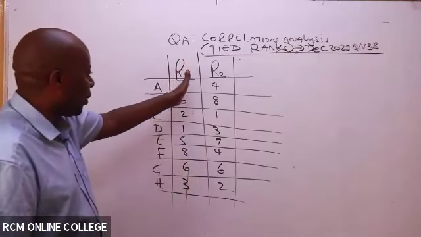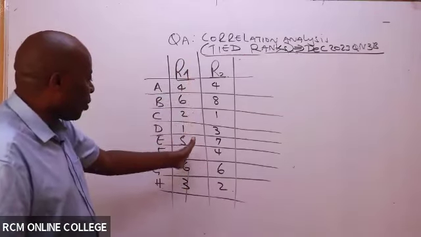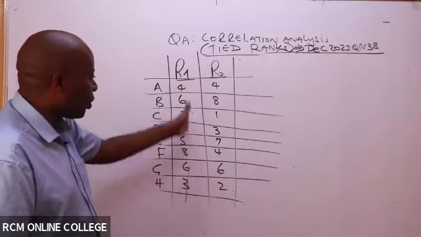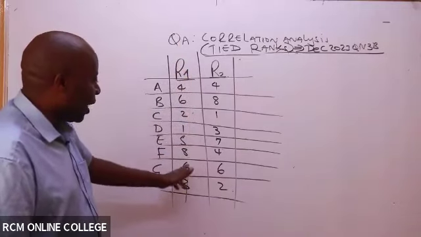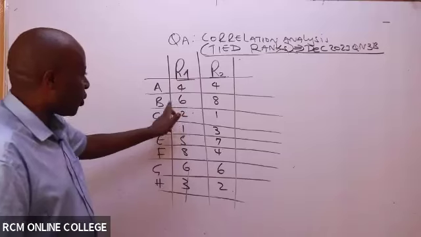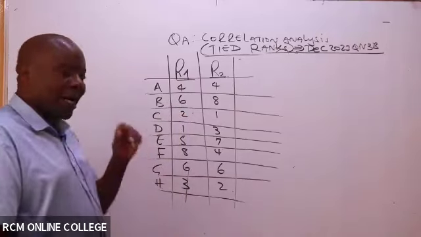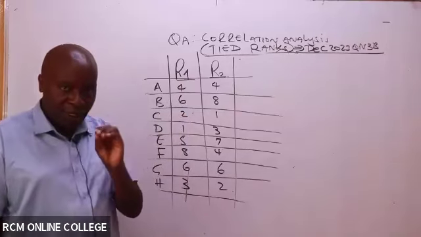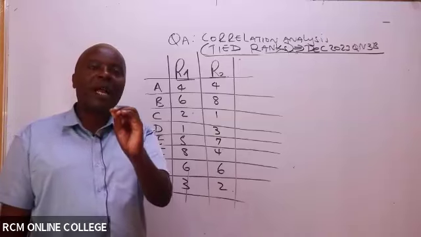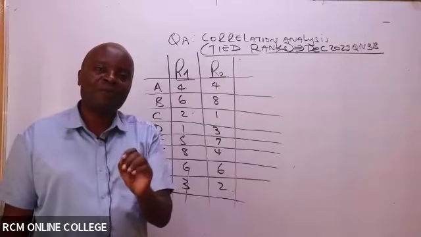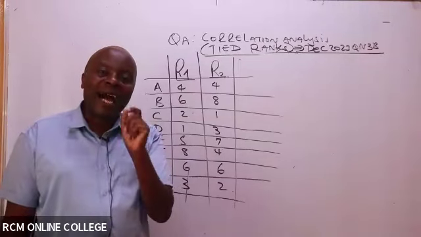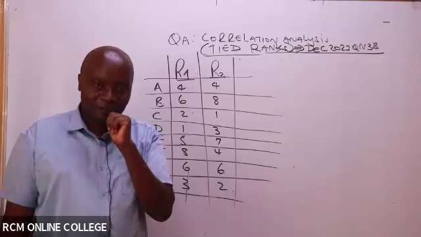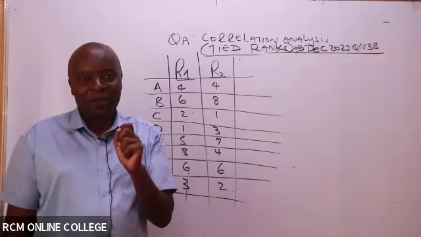If you look at assessor 1, are there 2 customers here who are sharing the same rank? We saw yesterday, oh yes. So we have in this case here 6 and 6. So B and G are at the same position, 6. So the corrected rank there, each one of them will receive an average rank. Let me ask you a simple question.